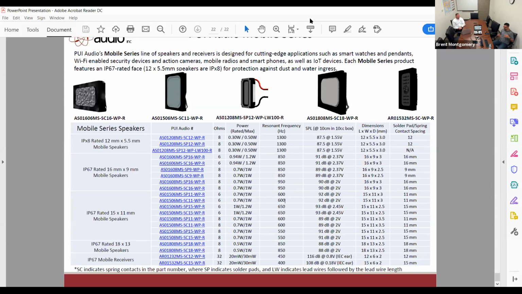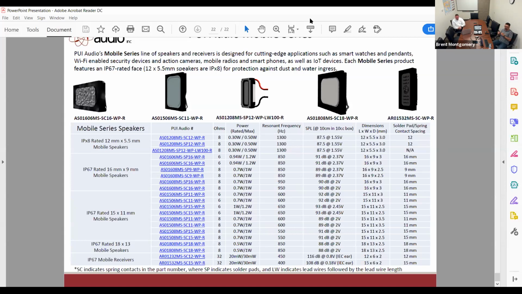What we try to do is engage early on with the customer and get an idea as to how their product is going to be used, where it's going to be used, and where the intended target customer is going to be from their speaker or product, and we guide it. We say, okay, if your setting is this, then we think the average ambient sound is going to be this, and you need to overcome it by about 15 dB. So we have a whole process that we go through.